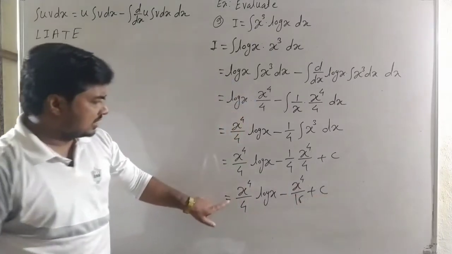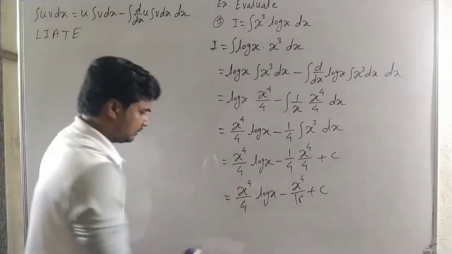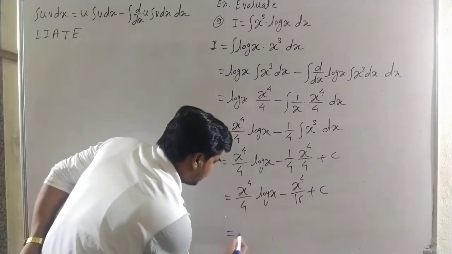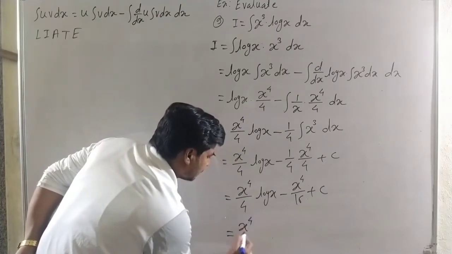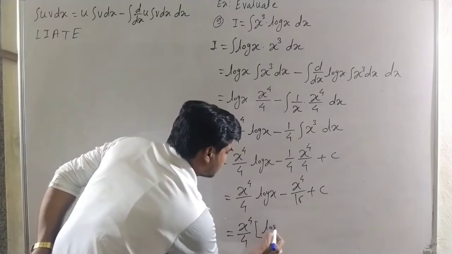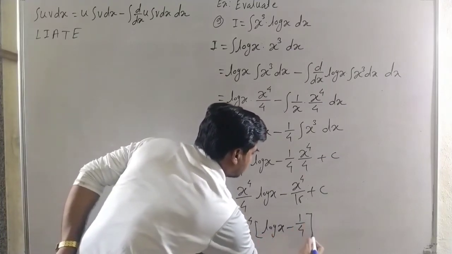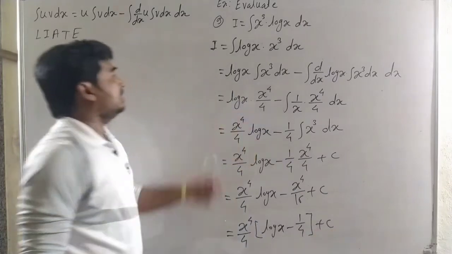Here it is the last answer, or we can take the common x to the power 4 upon 4. When we take common x to the power 4 upon 4, we get log x minus 1 by 4 and plus c. It is the last answer.